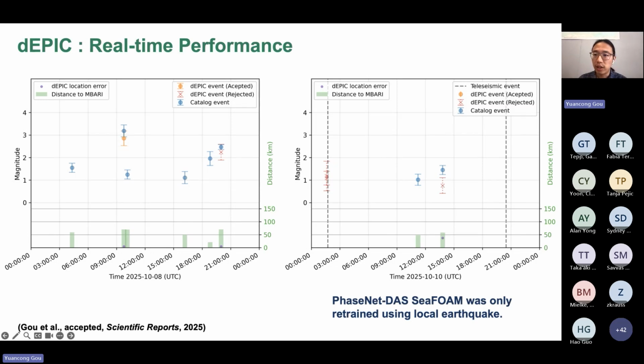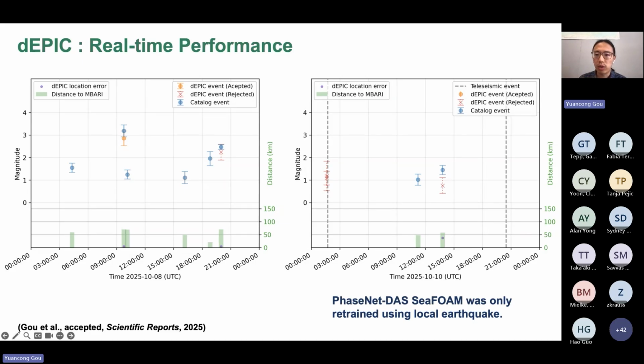And on the right, it's a pretty interesting day. We had two teleseismic events, which are magnitude 7+ events. I think one of them is from Malaysia, the other one from Drake Passage, on the same day.